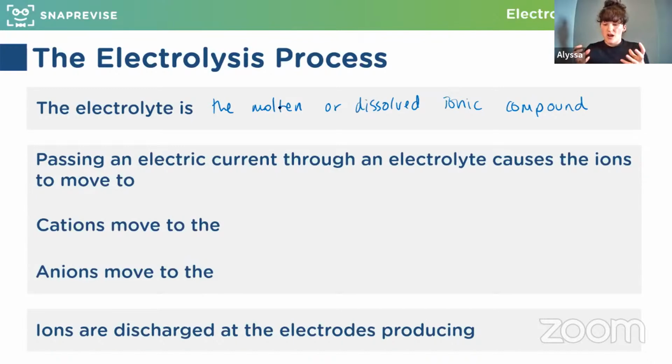That's called the electrolyte. If we're passing an electric current through an electrolyte, this causes the ions to move to the electrodes, as we saw in the previous picture. And in our case, these are inert electrodes.